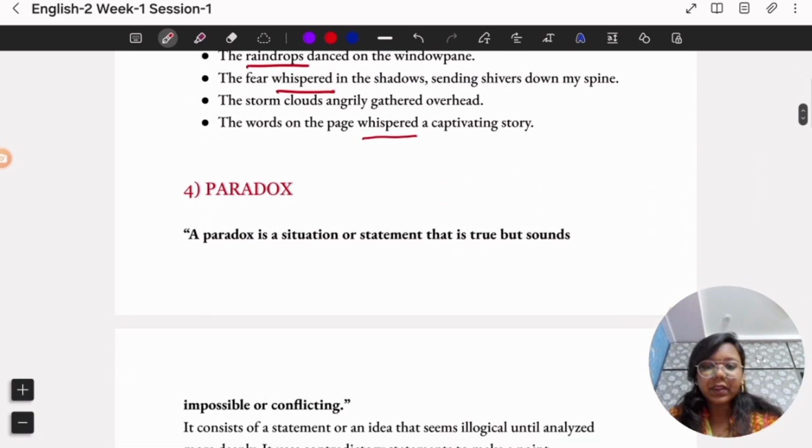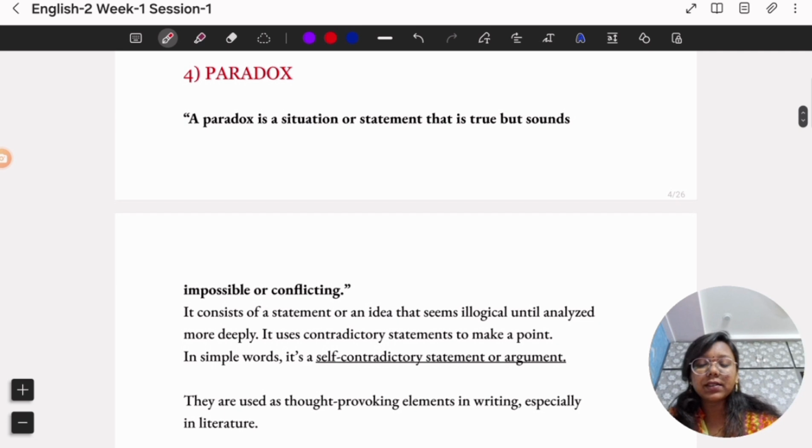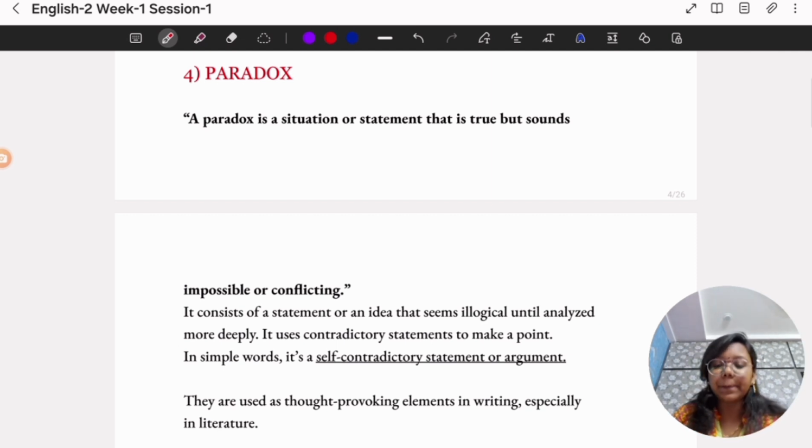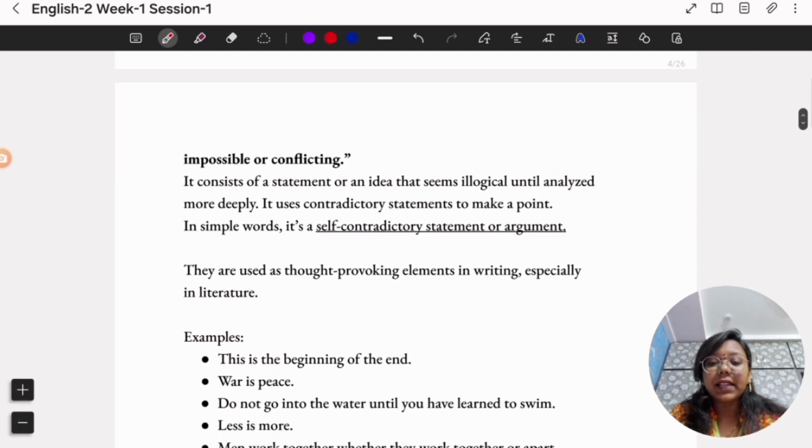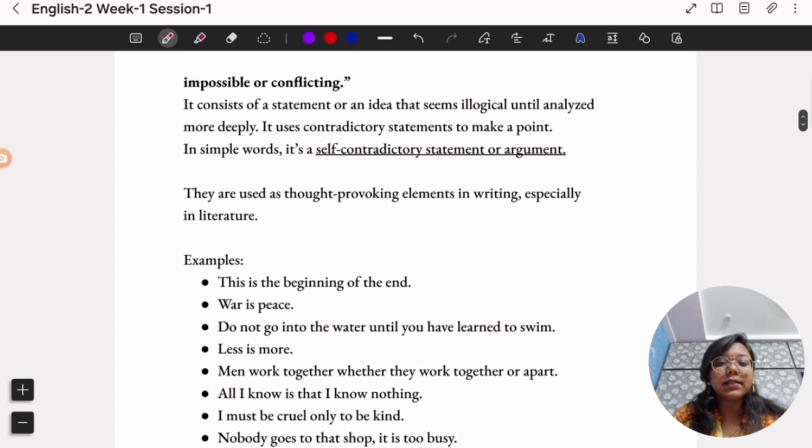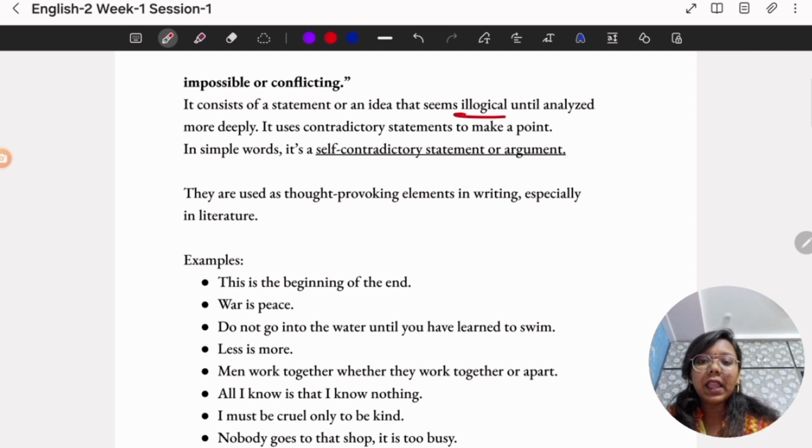Hope it's clear. And the next thing being paradox. A paradox is a situation or statement that is true but sounds impossible or conflicting. It consists of a statement or an idea that seems illogical until analyzed more deeply. It uses contradictory statements to make a point.